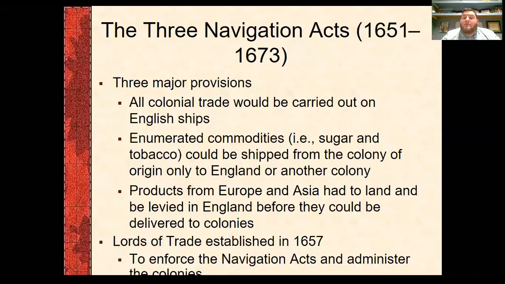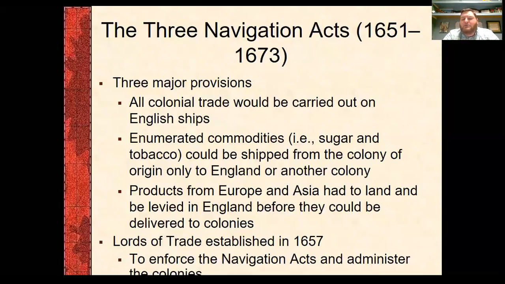And then from England, they can be shipped overseas to wherever. And so that really puts the economic power in the hands of the home country, of the colonial power, and not the colony itself. And this is something that really chafes a lot of the colonists.